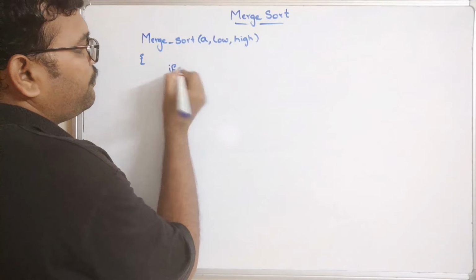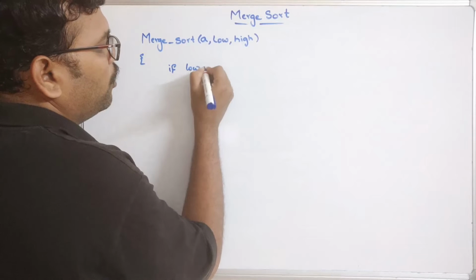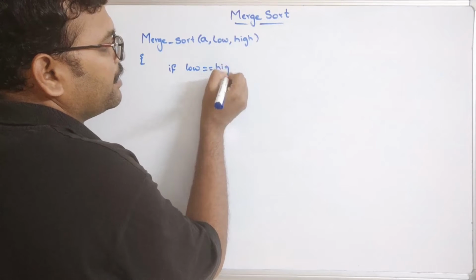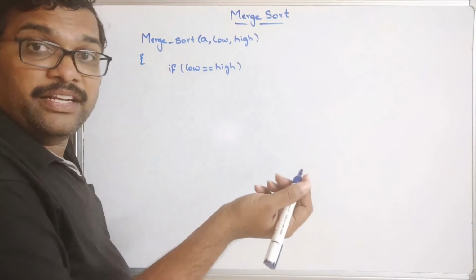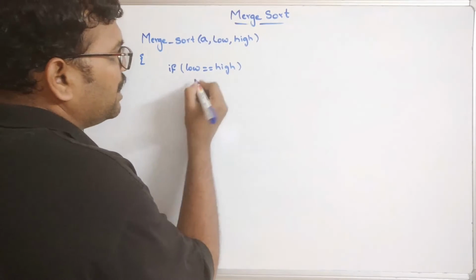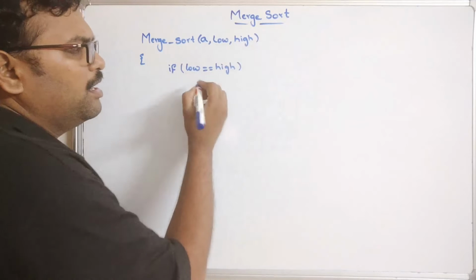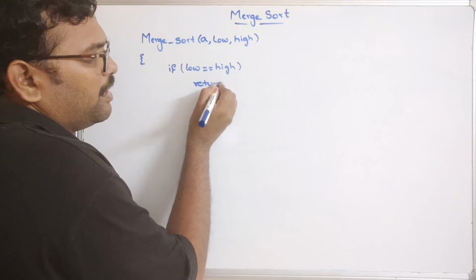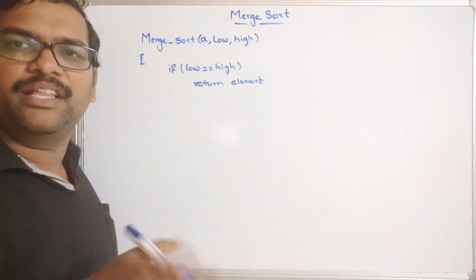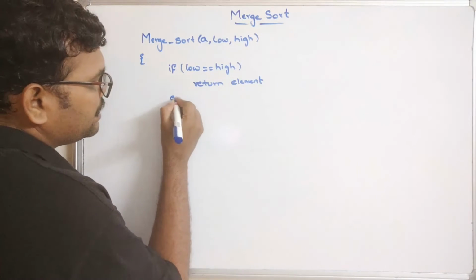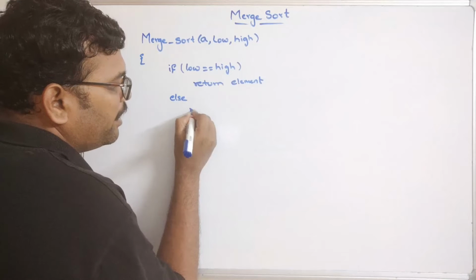Now what do we have to do? So if low is equal to high, that means only one element, right? There is no comparison. Nothing can be done, so we can return the element directly. So only one element means that will be in sorted order. Else, we have to divide.